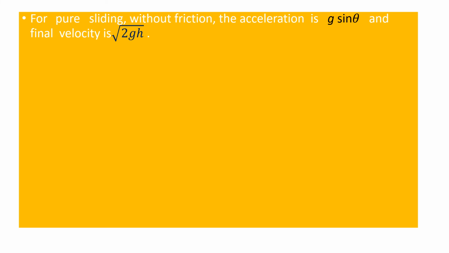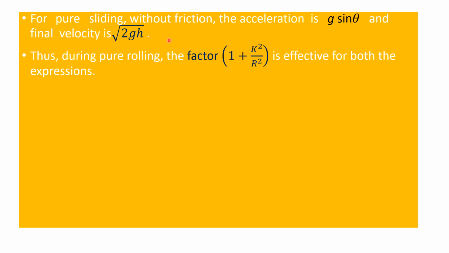Let us know some facts about the rolling motion. For pure sliding without friction, the acceleration is g sine theta and the final velocity is square root of 2gh. So we can substitute the values and find the acceleration and the velocity of an object in pure sliding motion.